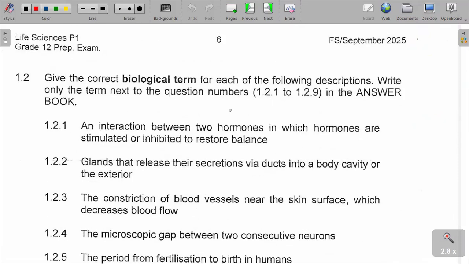Question 1.2: give the biological terms for each of the following descriptions. Write only the term next to the question number.